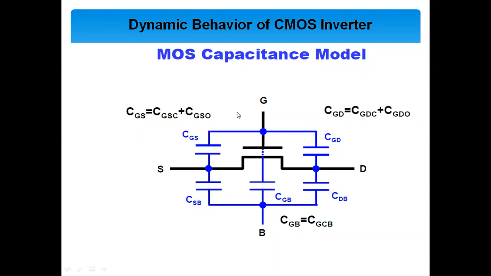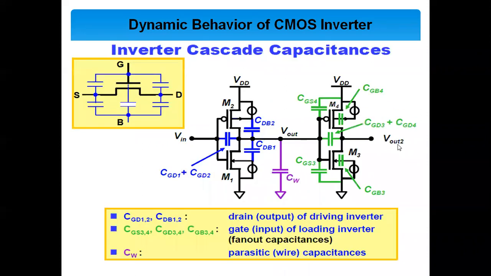So basically these six capacitances are the extrinsic capacitances of the MOS transistor, and along with this, some wire capacitance or metal oxide capacitance, gate oxide capacitance, these are the intrinsic capacitances of this MOS transistor.